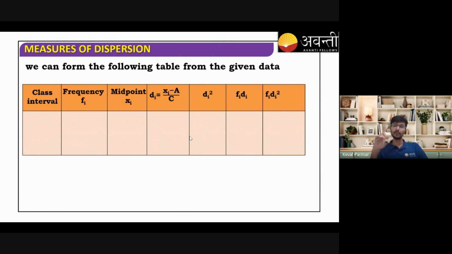Because to calculate variance, we require Fi di and Fi di square. That's why we have two extra columns. One is di square and one is fi di square. Correct?